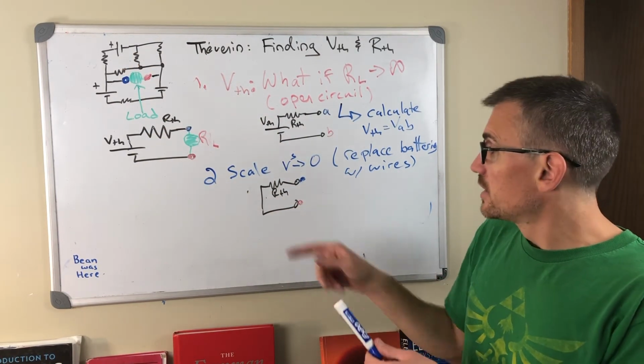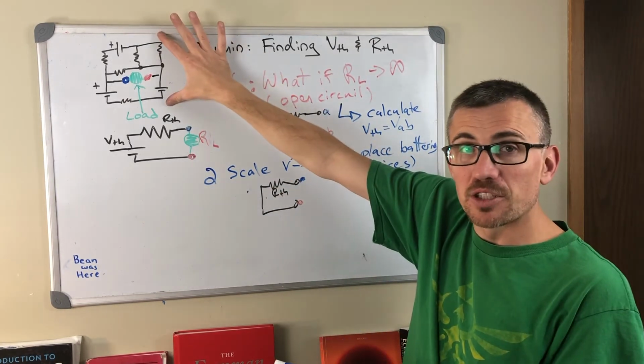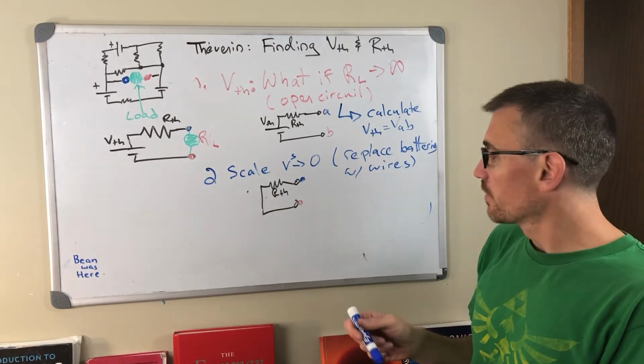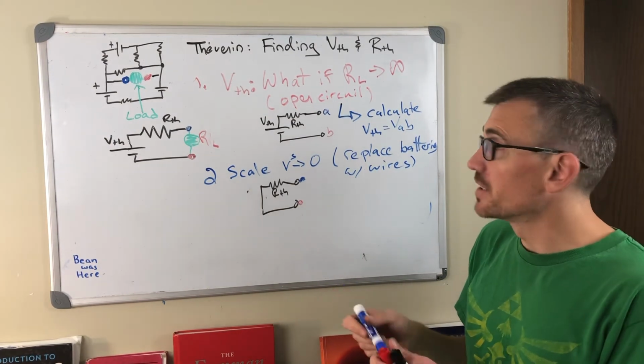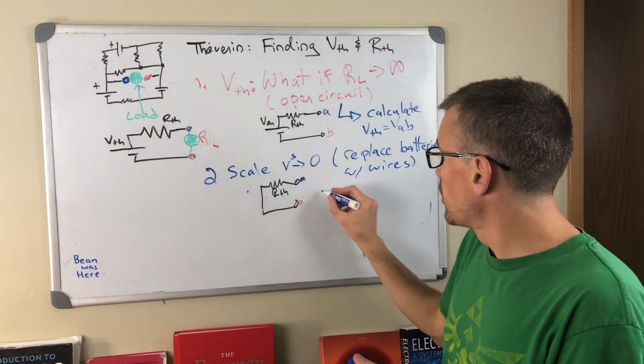So I scale all the voltages down to 0. I replace all the batteries in my original circuit with wires, and I just note the resistance between the 2 points and measure resistance.